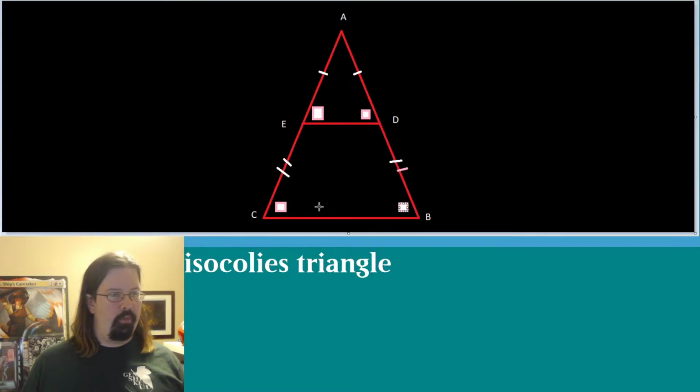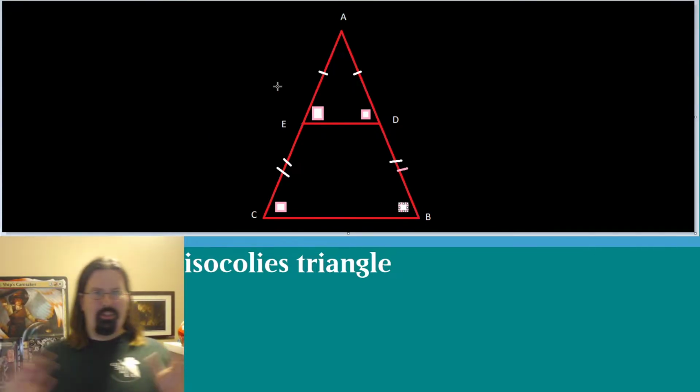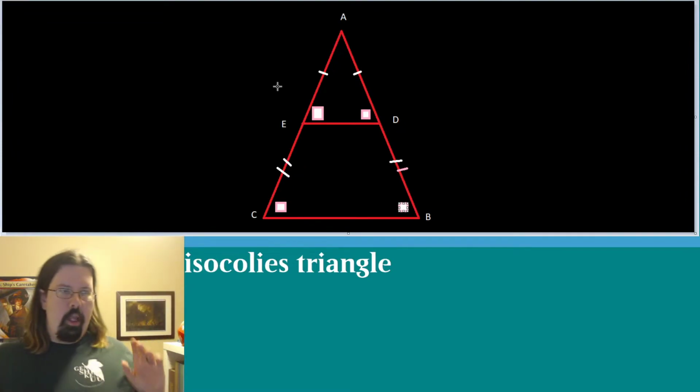So we have these parallel lines. We have these as like proportional sets of similar things. And this actually is another thing. So we have similar triangles. So this review's kind of bouncing all over the place.